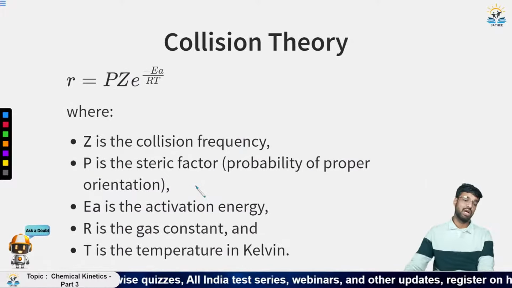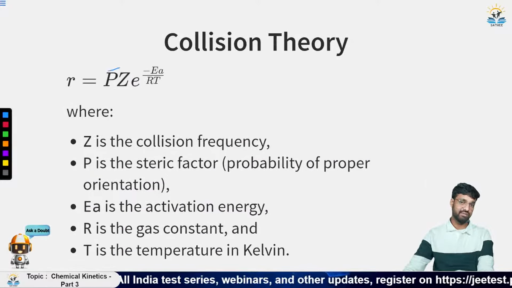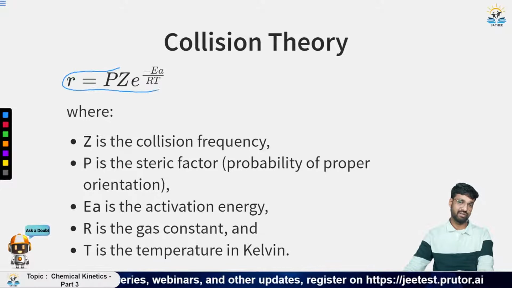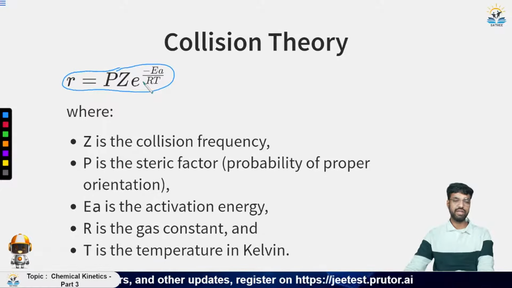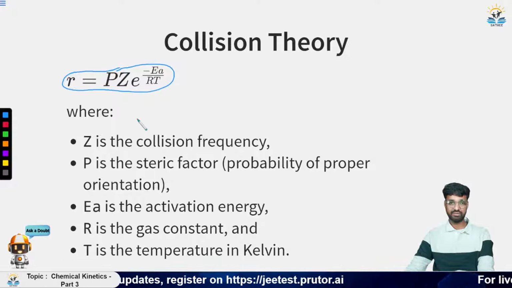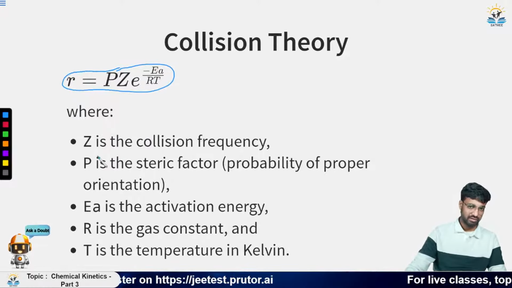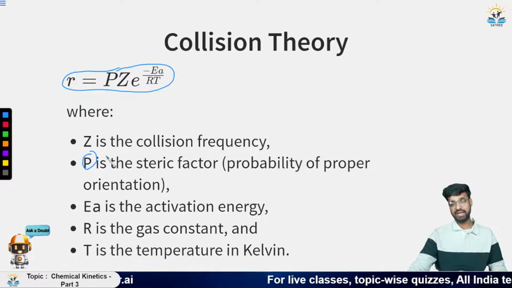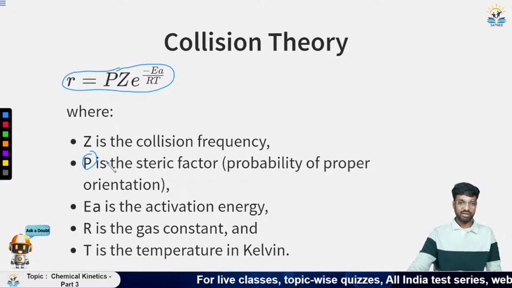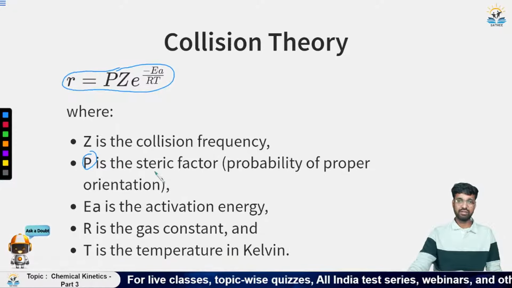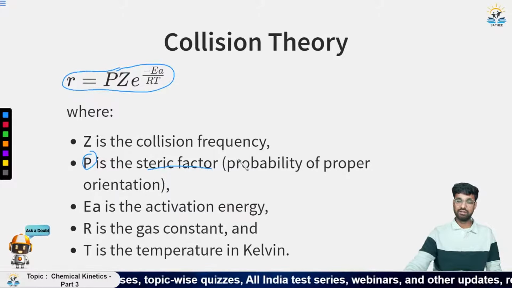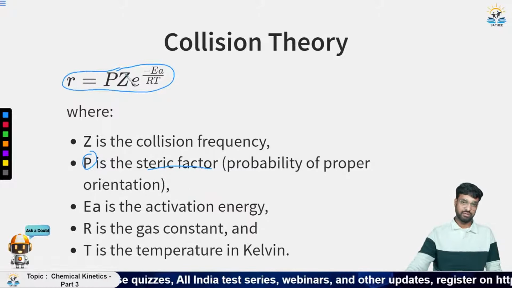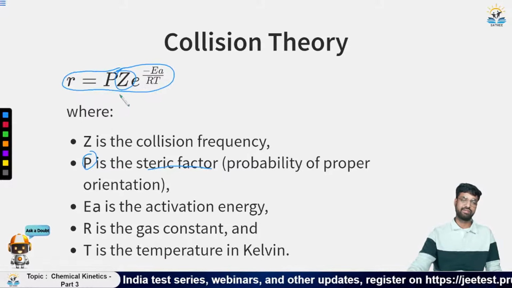Now this is the formula that has been derived using collision theory, given as P Z e to the power minus E by RT. Now what is this P? This is the steric factor, so the molecules must orient, or attack, in a certain manner so that we can get the product.